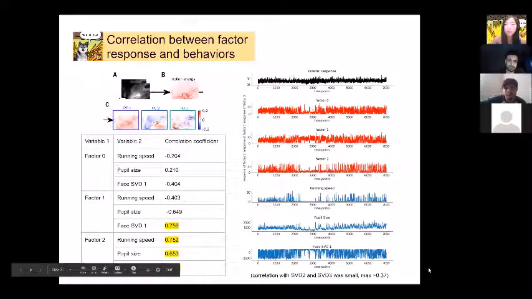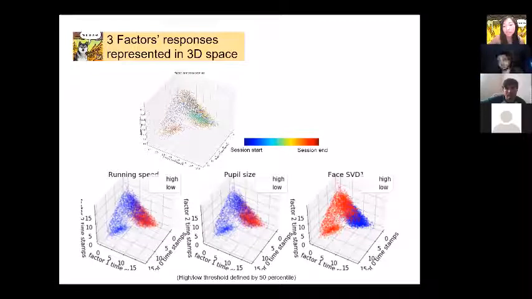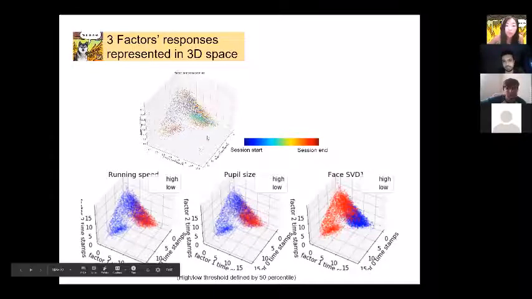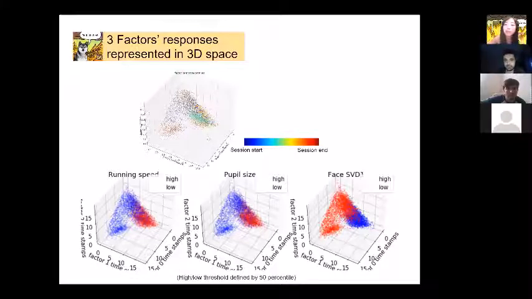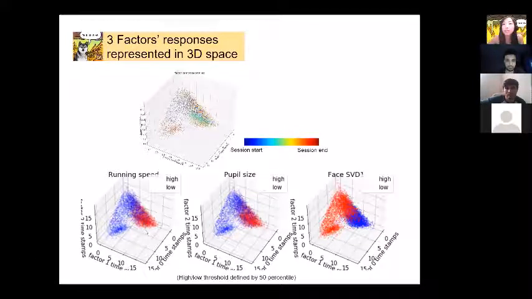Okay, so next we wanted to visualize the population response in this 3D space defined by our 3 factors. The position of each dot, XYZ, represents a certain time point, the response of each of the three factors. Here I just separated these dots by looking at the behavior data. The blue dots mean the time points where the mouse has a high running speed, and the red dots are where the mouse has a low running speed.